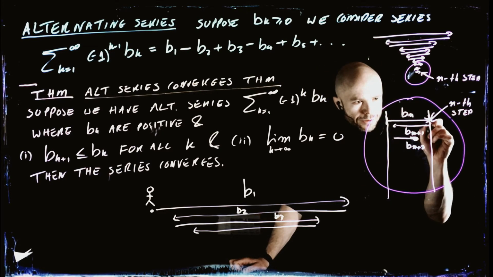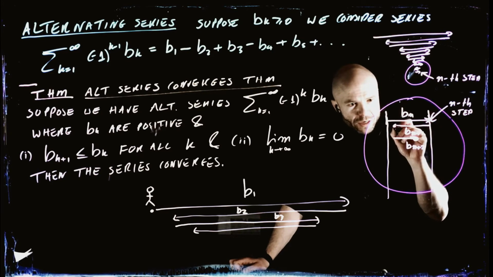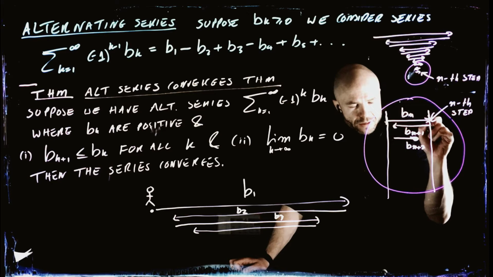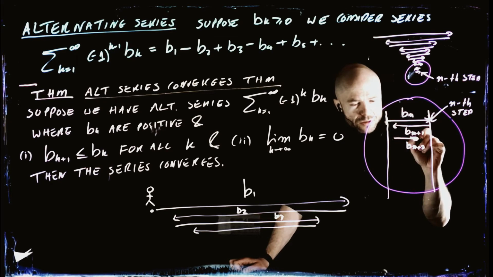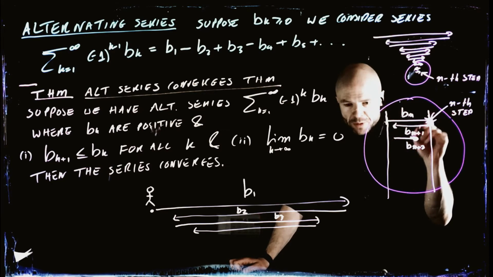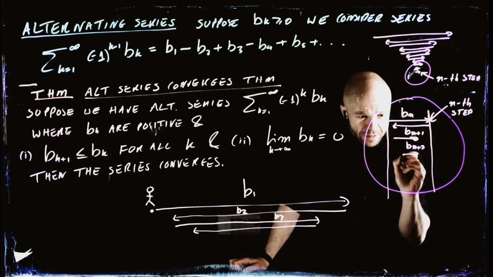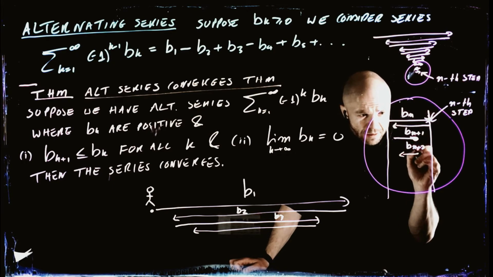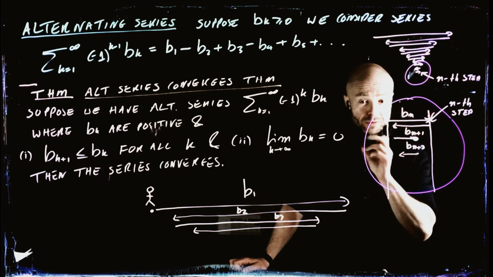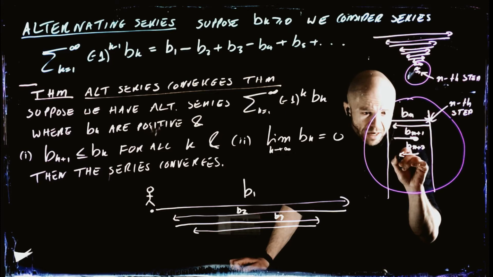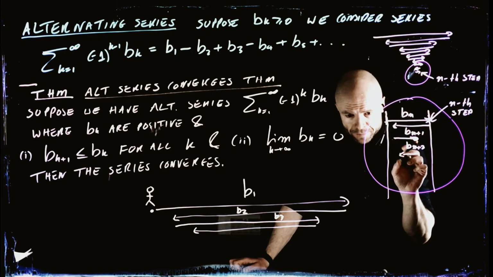Yeah. So once again, here we are on the nth step. We take the (n+1)th step, we go backwards, we're trapped between these lines. We take the (n+2)th step, we are still trapped between these lines. Yeah? And then we take the (n+3)th step. Since it is less than the length of the (n+2)th step, we are somewhere here, still trapped between these lines.